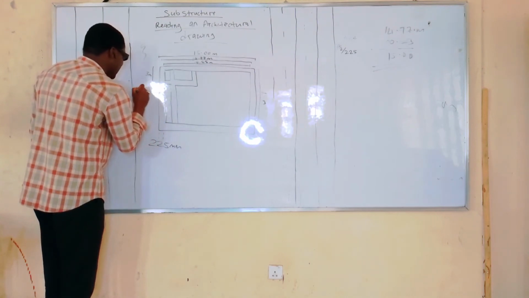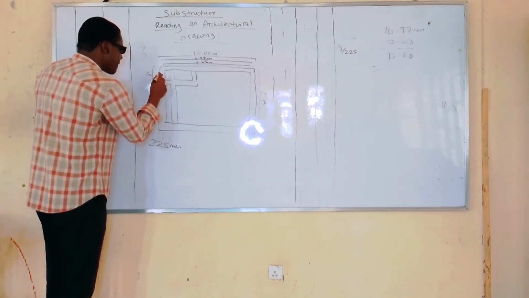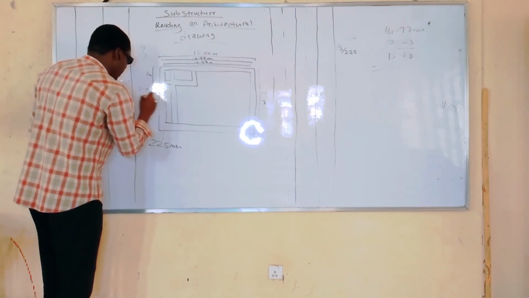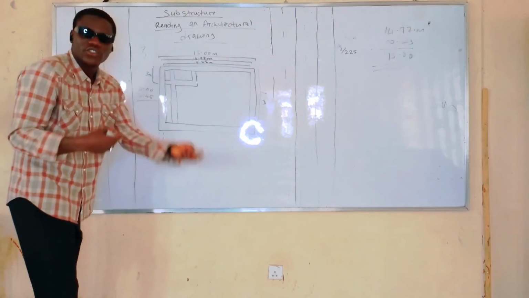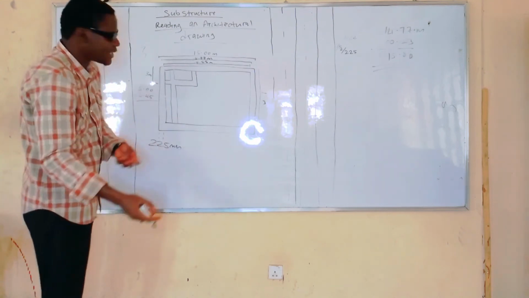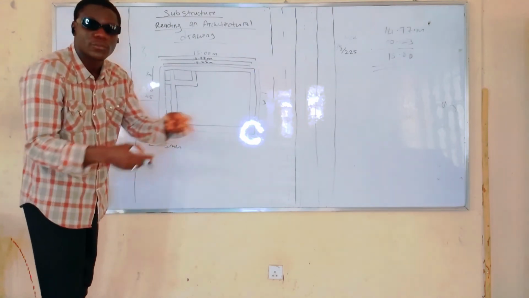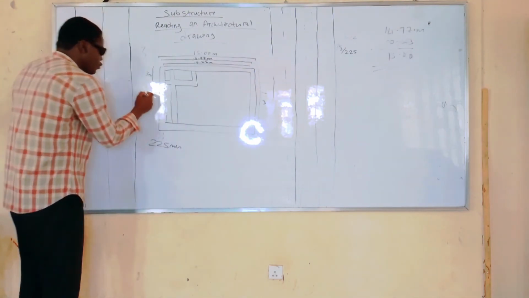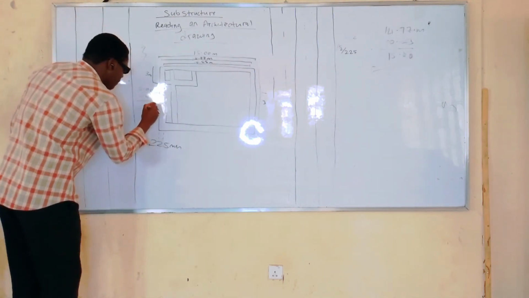So this is 3.00. You now subtract 0.45, because 1000 millimeter makes 1 meter. To convert 450 millimeter to meter is 450 divided by 1000, which will give you 0.45.